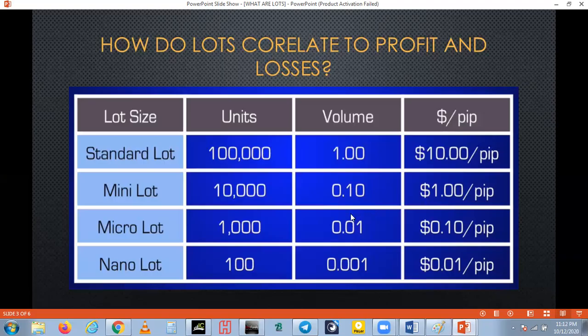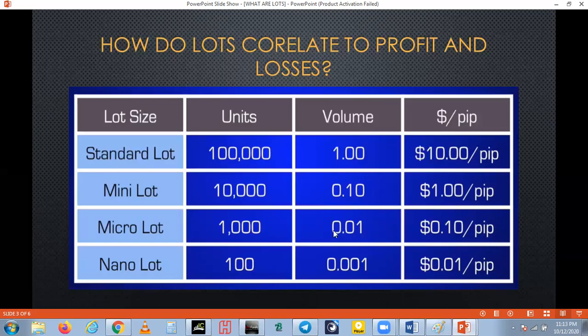Okay, micro lots, 0.01. For 1 pip, that's 10 cents. If we're using 2 micro lots, that's 0.02, and for 1 pip you're making 20 cents. What if you use 0.01 for 10 pips?